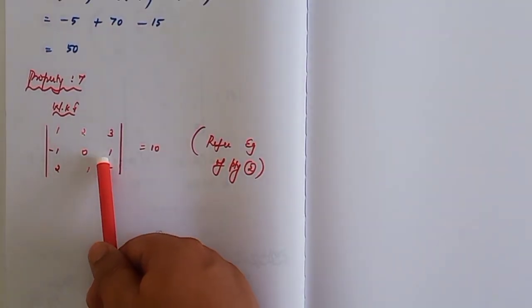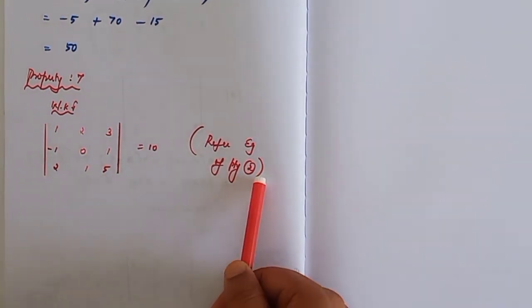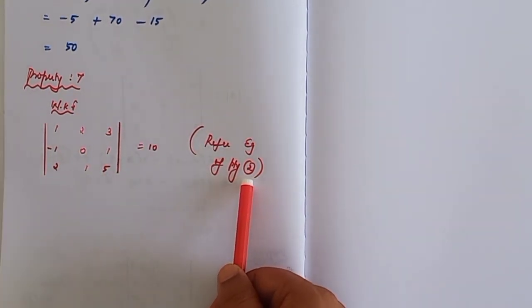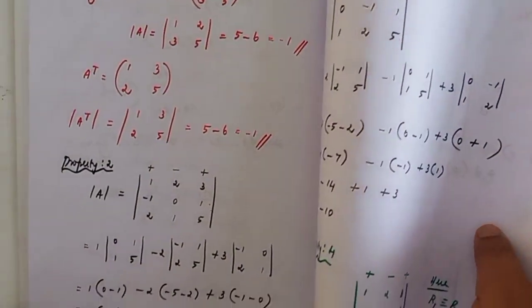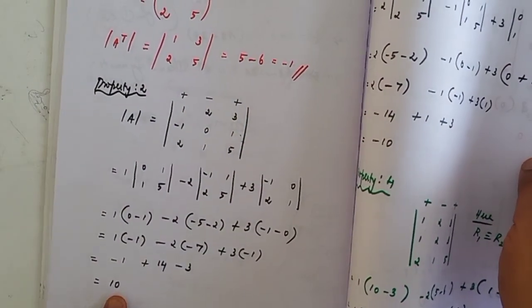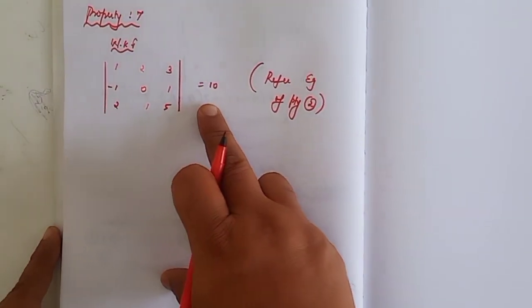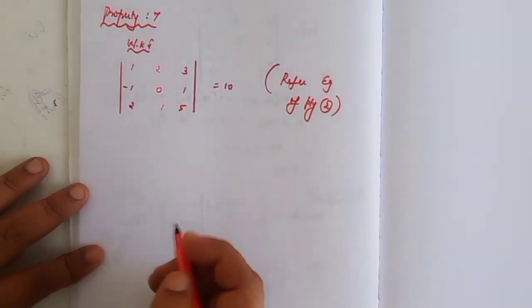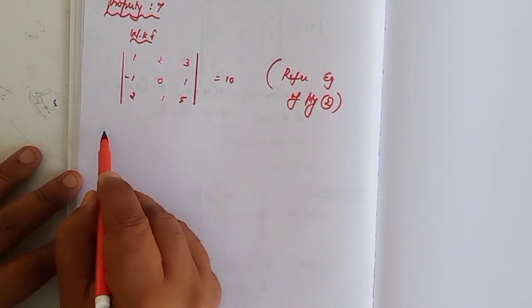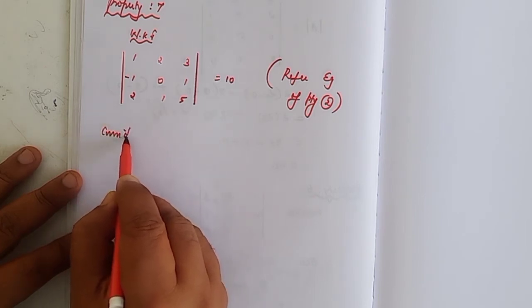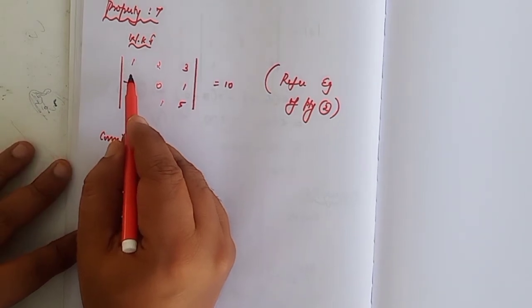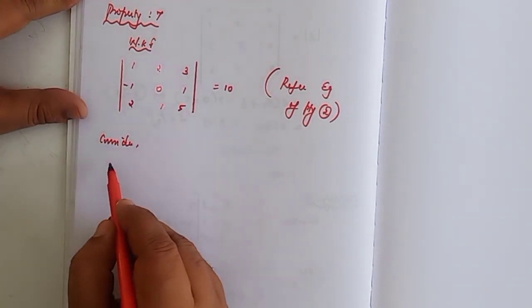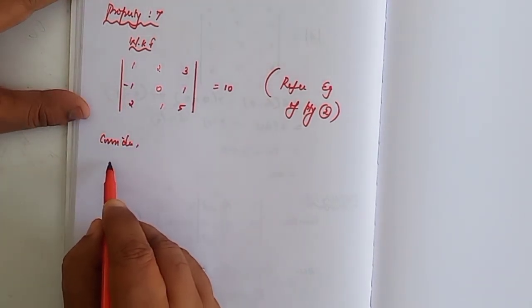We know that determinant value is 10 according to that example number, and property 2 of that example, property 2 example value, that is 10. I have taken the same example here. Now consider this one itself, you can write any format you can write.